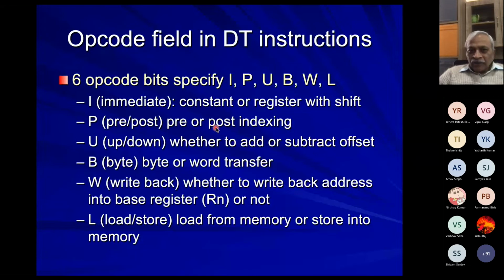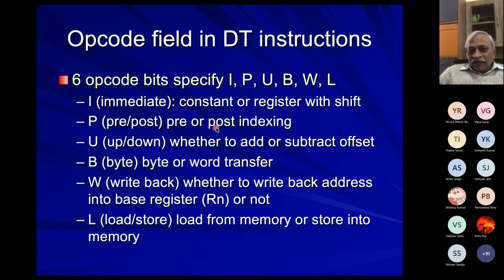Yeah. So can you explain pre or post indexing again? Yes, pre and post. By indexing, we are referring here to the addition of the offset to the base. Okay, so you're adding a base and an offset, and the question is whether this is to be done before memory access or after memory access.